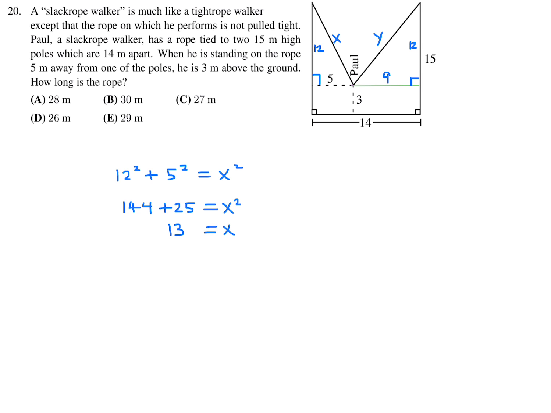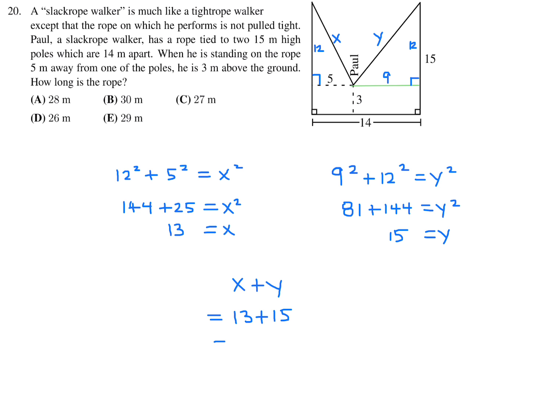The next triangle, we have 9 squared plus 12 squared is equal to y squared, and that looks like 81 plus 144 is equal to y squared, and therefore y is equal to 15. So the total length of the rope is x plus y, and that's 13 plus 15, which is 28. And therefore number 20, the answer is A.